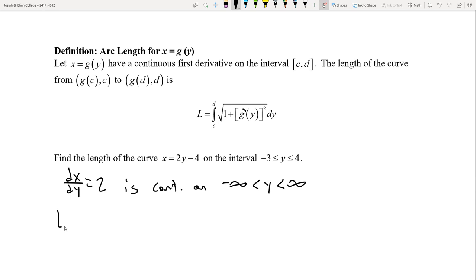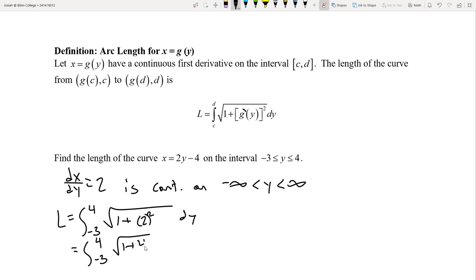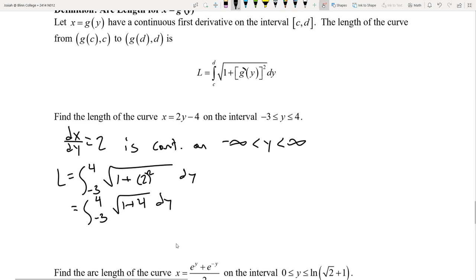So I'll go ahead and find the arc length then. We're going from negative 3 to 4. Square root of 1 plus, this derivative is 2 squared, dy. So negative 3 to 4, we've got 1 plus 4, dy. So we've got root 5.